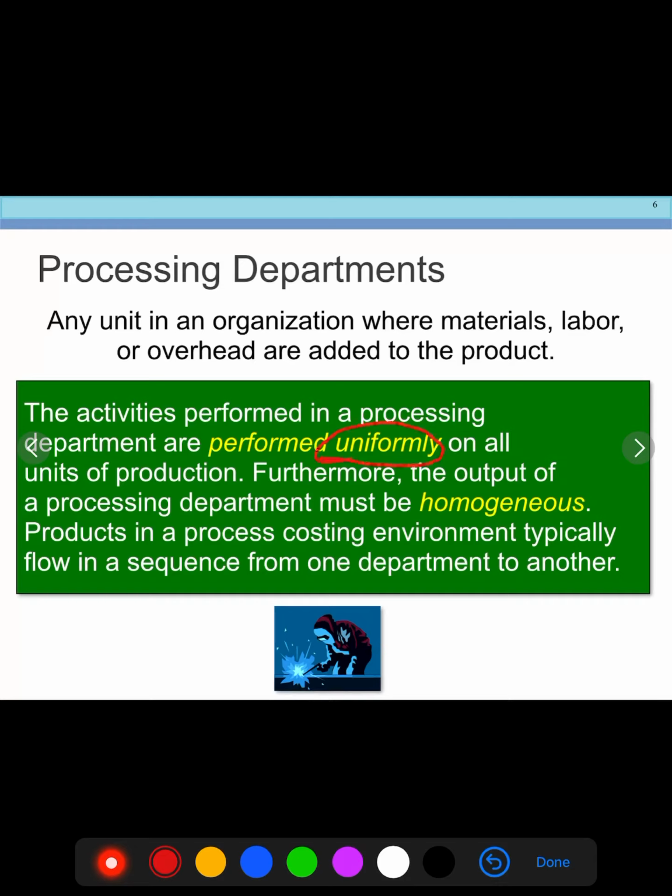It is performed uniformly on all products. The output is considered to be homogeneous. Okay, so it is identical. Homogeneous, identical units.